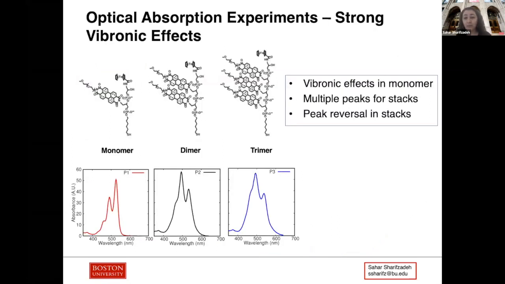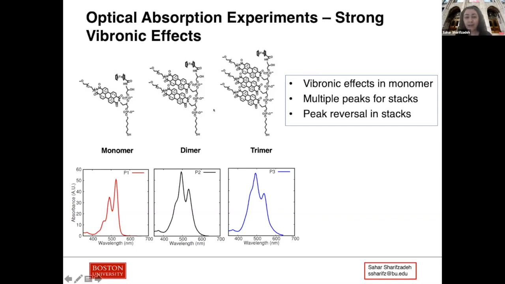Looking at the optical absorption measurements, we see that there are strong vibronic effects. This is for the monomer. We have an onset of absorption here at about 550 nanometers, and then a vibronic replica that is associated with simultaneous excitation of vibrational modes and electronic excitations.